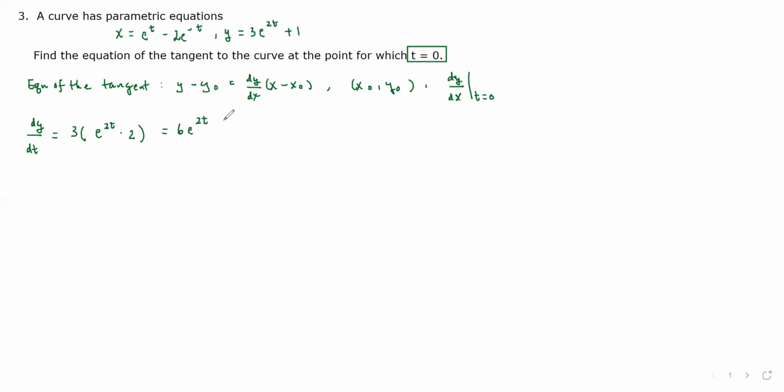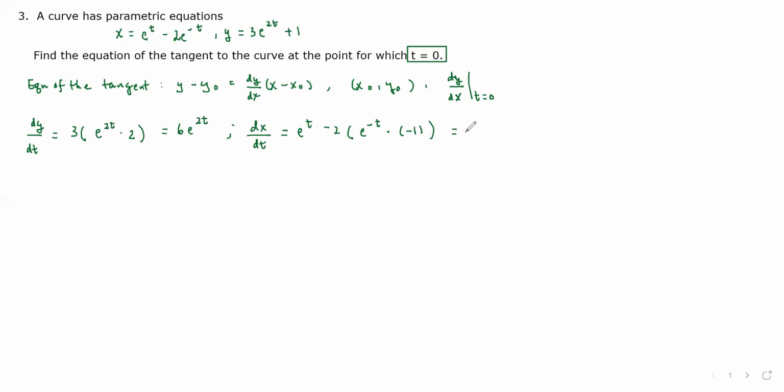Do the same for dx/dt. So we differentiate x with respect to t. e^t has a derivative of e^t, minus 2. To differentiate e^(-t), we have e^(-t) multiplied by negative 1, which is the derivative of negative t.